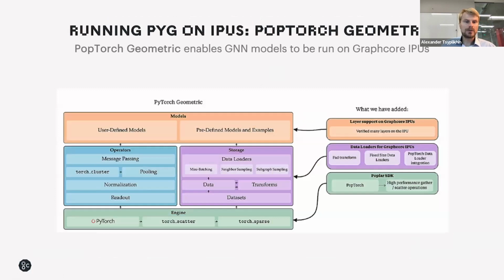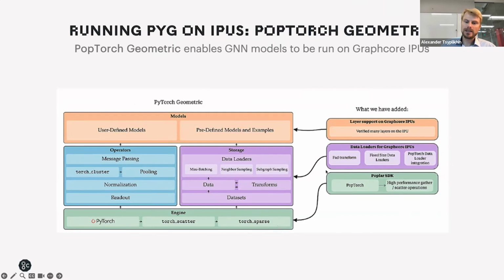In terms of our support for PyTorch Geometric, there is this ecosystem of things that exist within PyTorch Geometric, from models to data loaders to different operations that PyTorch Geometric enables. And it runs on PyTorch, making heavy use of gather and scatter operations and sparse operations there. What we have done is ensured that most of the layers from PyTorch Geometric are supported on the IPU.